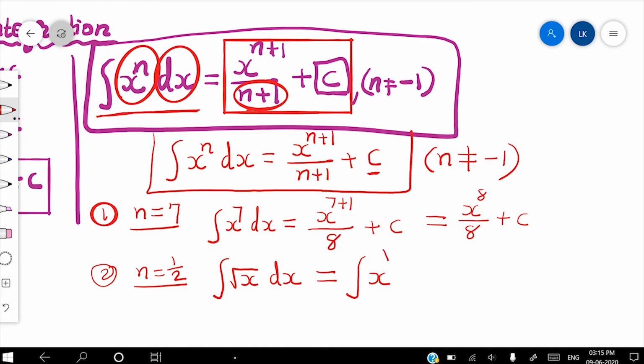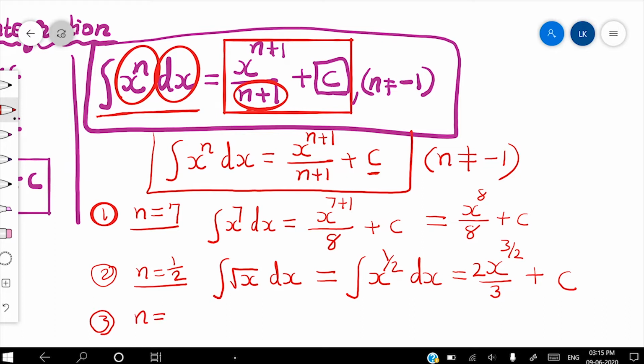You know the meaning of square root. It is x raised to half dx. Simplify. Its answer is x raised to half plus 1, means 3 by 2, upon 3 by 2. 3 upon 2, this 2 comes in the numerator. That means finally 2 by 3 x raised to 3 by 2 plus c.